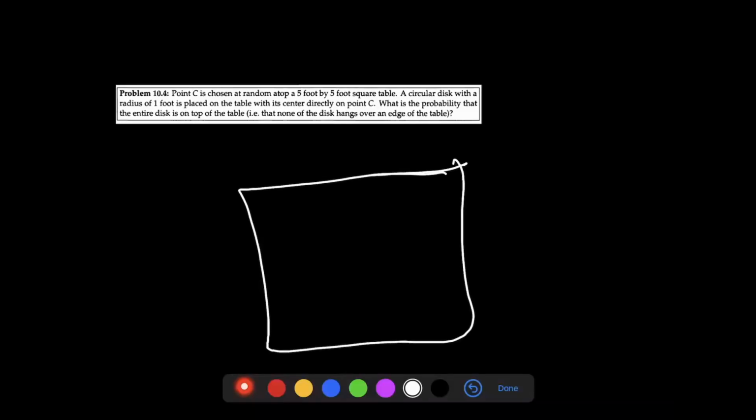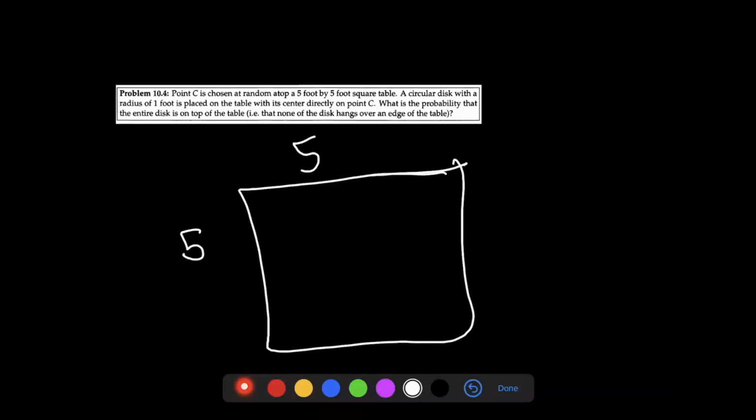Well, the total outcome is easy. It's just a square. 5 by 5 square, actually. The total outcome region is easy, but the successful is kind of hard. We can see that the disk will be entirely on the table if and only if C is at least 1 foot away from the edge of the table.